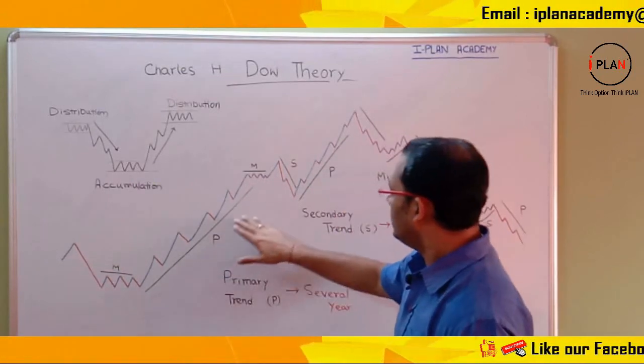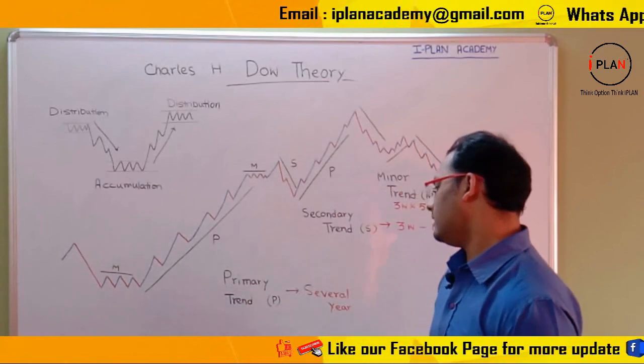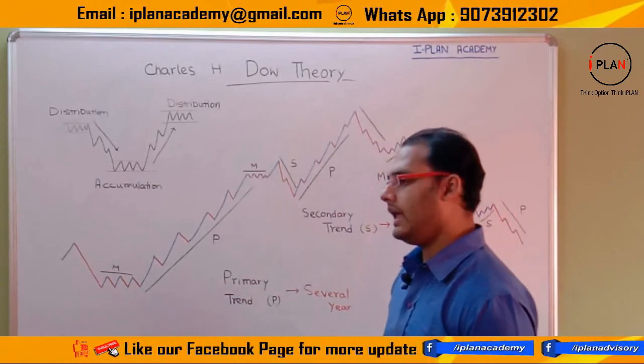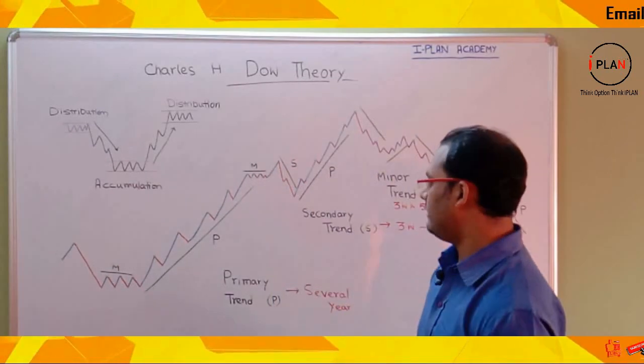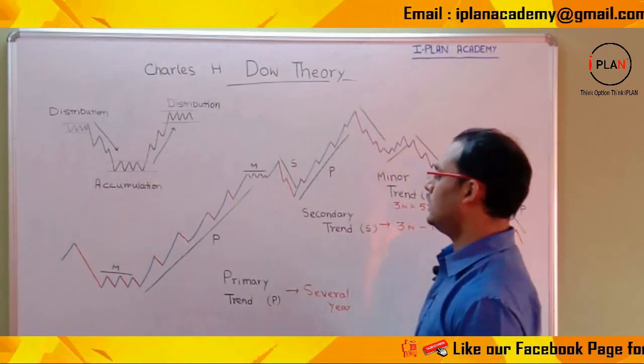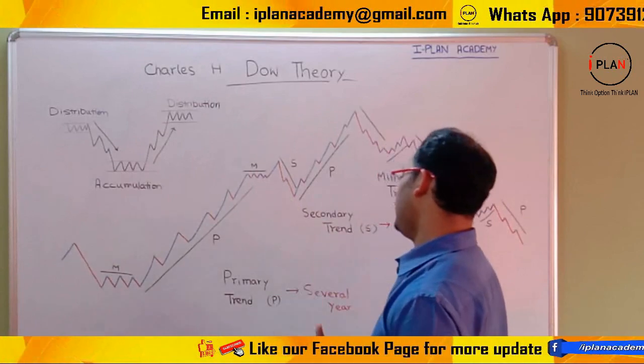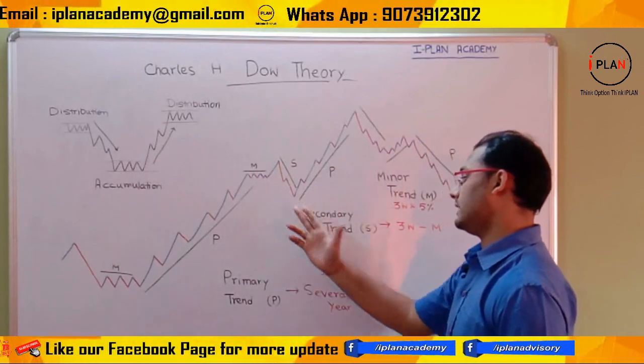When a primary trend starts, it exists for several years, meaning 4 to 5 years, and within this primary trend there are a lot of other trends which are called minor and secondary.